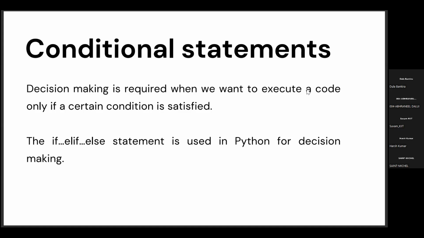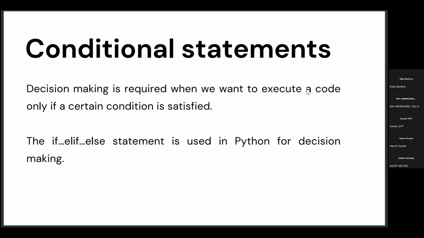When we write if some statement, that is your test expression, and we check whether that expression is satisfied or not. If and only if that expression evaluates to true, then the statements written below it will be executed.